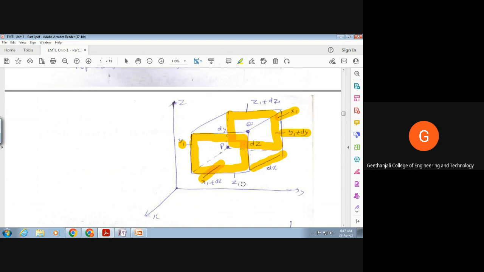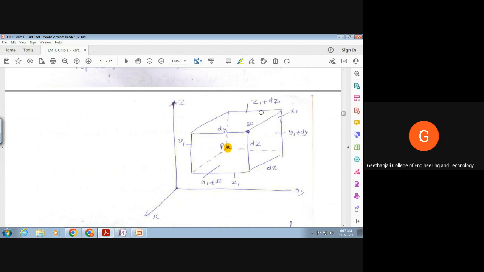There is another way also. If you look at this point P, through this point P the back surface is passing, the left hand surface is passing, and the bottom surface is passing. And if you look at the definition of point P, it is a common point of intersection of x is equal to x1 constant, y is equal to y1 constant, and z is equal to z1 constant.